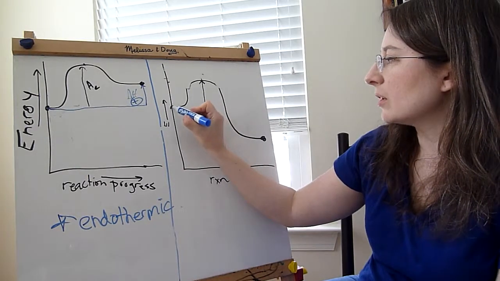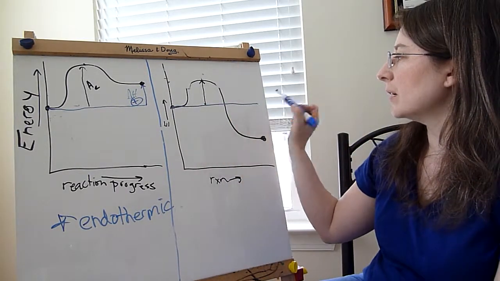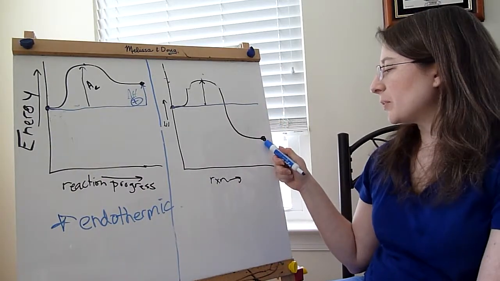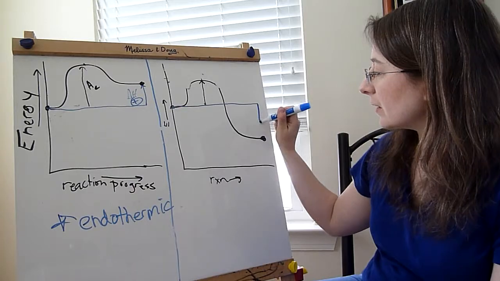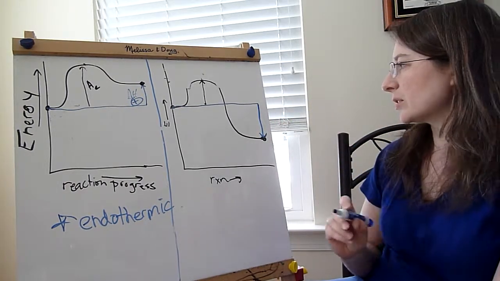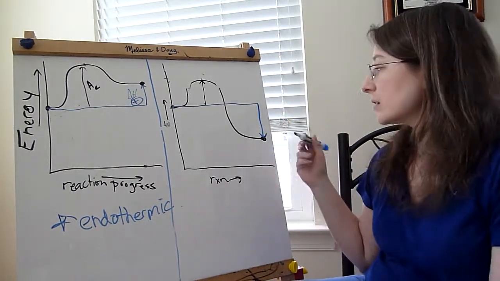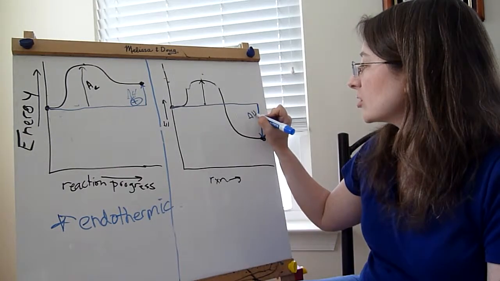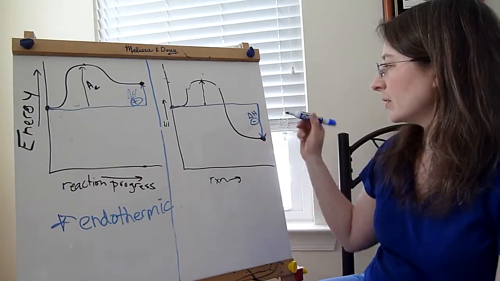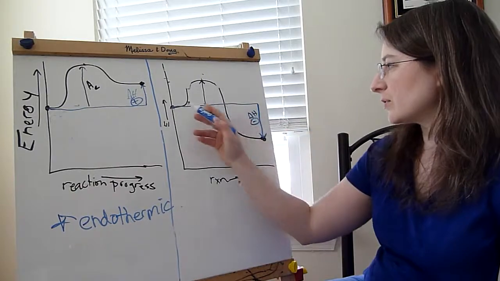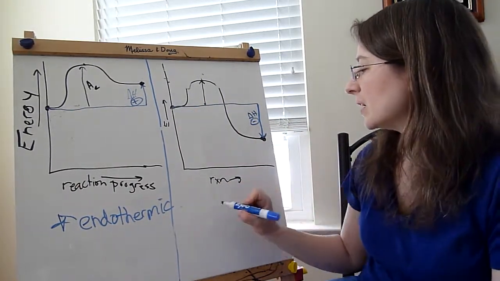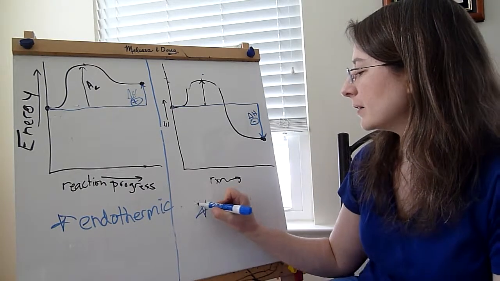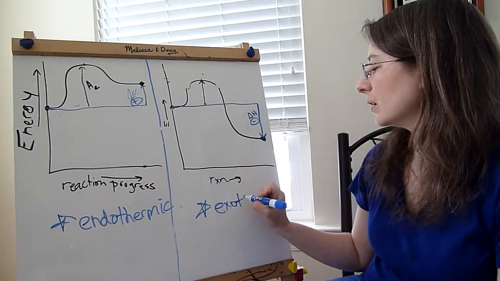Similarly, if I drew a line across here and I said, well, my products are at a lower energy state than my reactants. I've lost energy through the course of this reaction to the surroundings. Then delta H would be negative. Energy has been lost from the beginning of the reaction to the end, from the reactants to the products. So this would be an exothermic reaction.